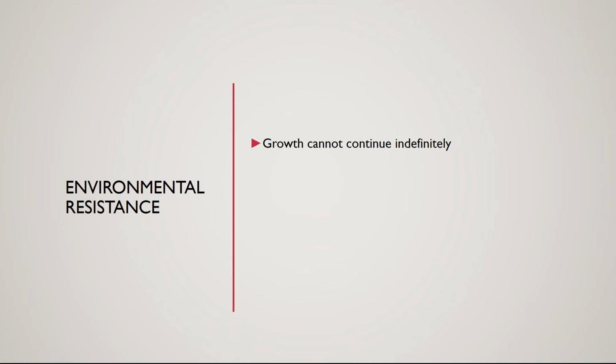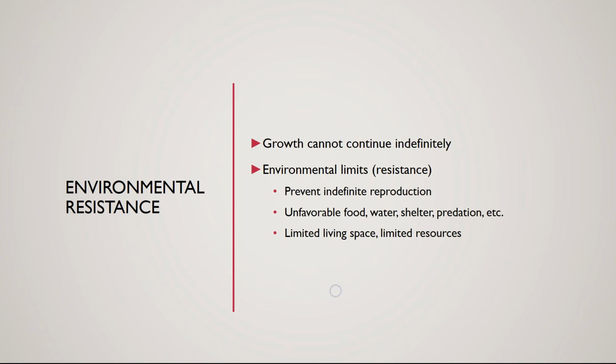But we should understand that growth cannot just continue indefinitely, right? That J-shaped curve is going to meet some sort of resistance because of space or food availability or all of the above. So we have environmental limits that put a stopper on that biotic potential eventually.